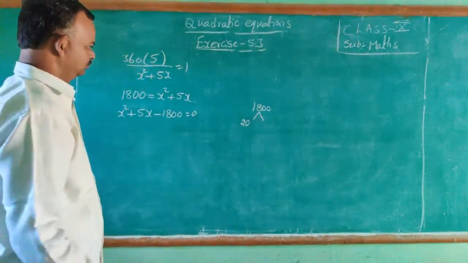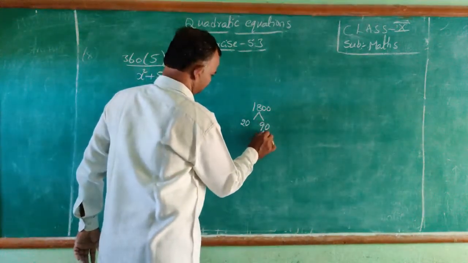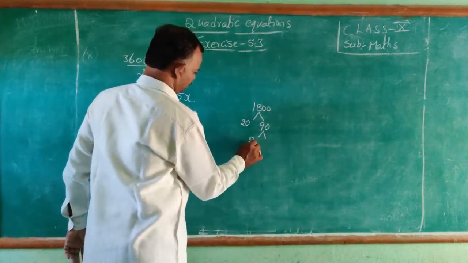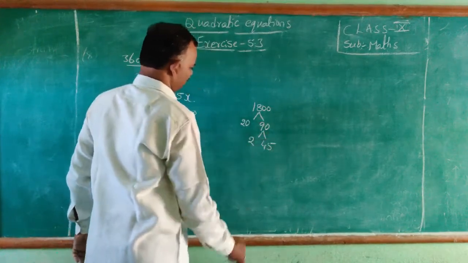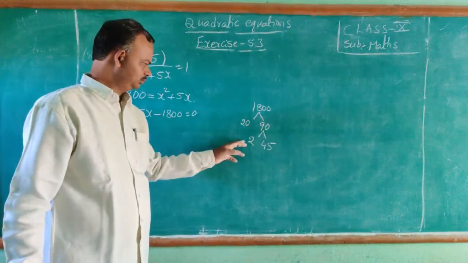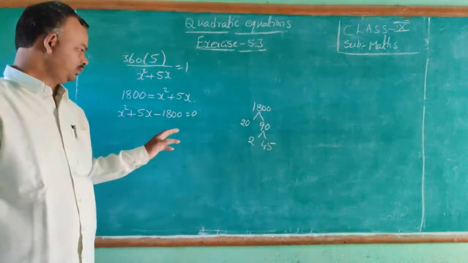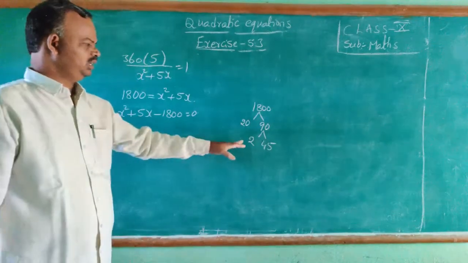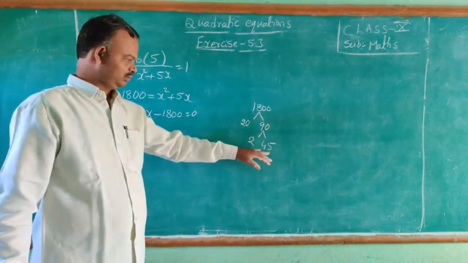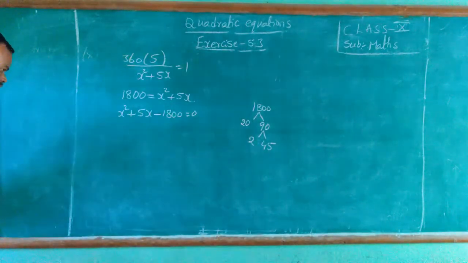Table: 2 nines are 18, so 2 90s, again 2 table, 2 45s. 45 minus 40 is 5.